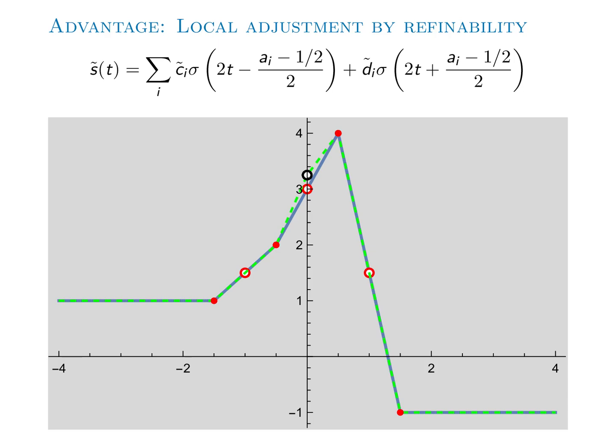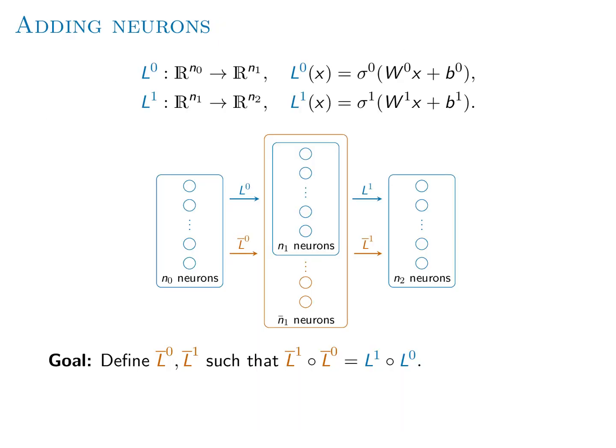This addition of nodes can be expressed mathematically in the formula by using the refinability property. You are just splitting its function sigma into several sigmas but scaled, so that you are localizing the effect of each one. So, how can we use this refinability property in order to add neurons?